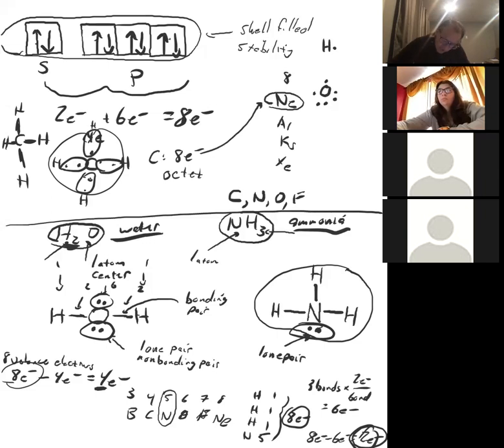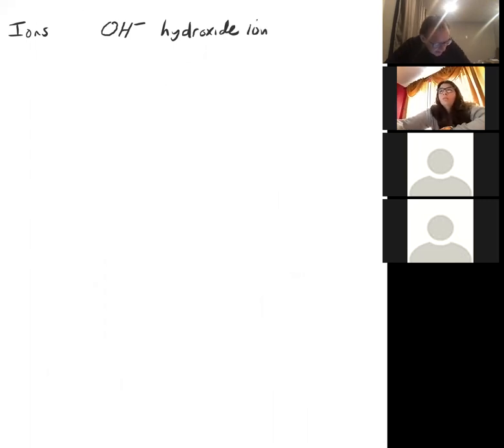You can also apply this to some ions, as long as they're ions that don't have metals. So in terms of ions, it's kind of interesting. So I'm going to show you a few. Let's do the hydroxide ion. Right? Hydroxide is important for bases, right? And then there was an important ion for acids. This was our hydronium ion.